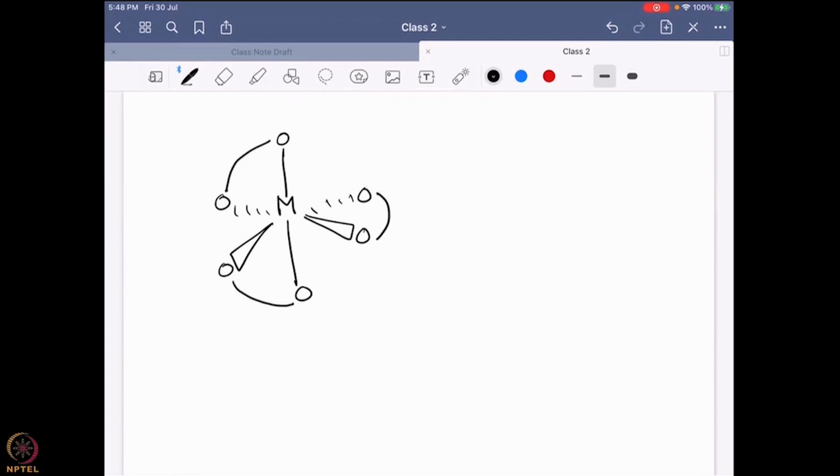Again, it is not a junior level class, so I'm not wasting my time to find out exactly where the different symmetry elements are. I'm just giving you the answer. This molecule has the highest symmetric axis of rotation present over here, which is C3.